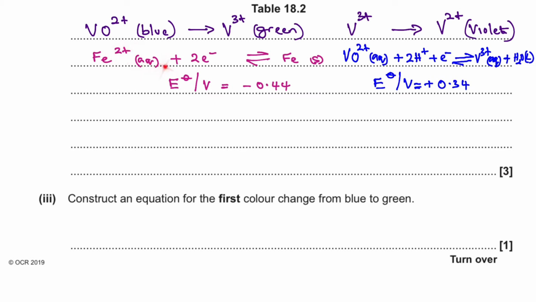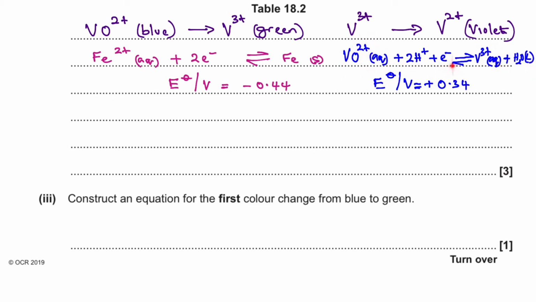Fe2+ gains electrons to be reduced to Fe, and the reduction potential is minus 0.44. This one here is VO2+, acidified, obviously you added H+, that's 2H+ plus an electron, giving you V3+ and water. This will balance if you work it out.